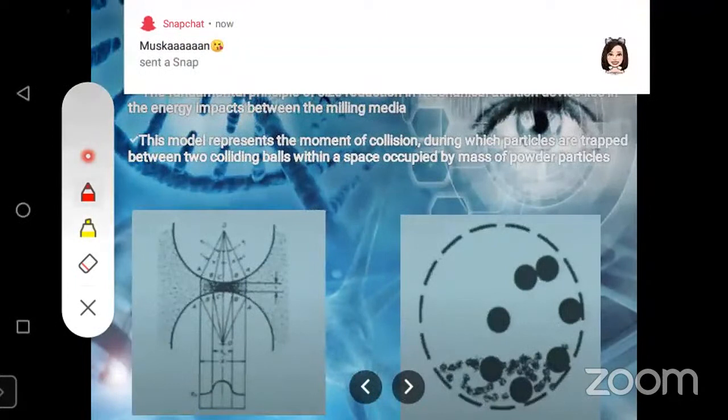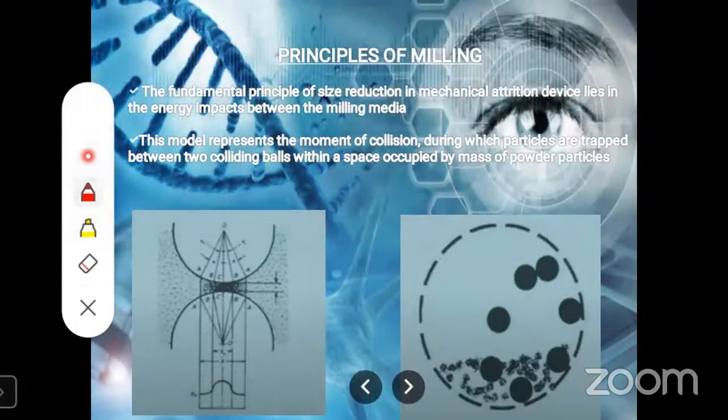So here the fundamental principle of size reduction in the mechanical device is the energy impact to the sample during the impact between the milling media. So this model represents the movement of collisions. Here you can see the two half balls.